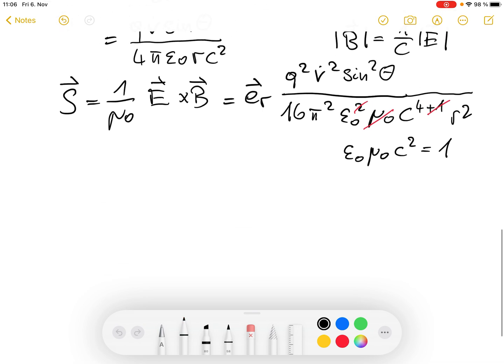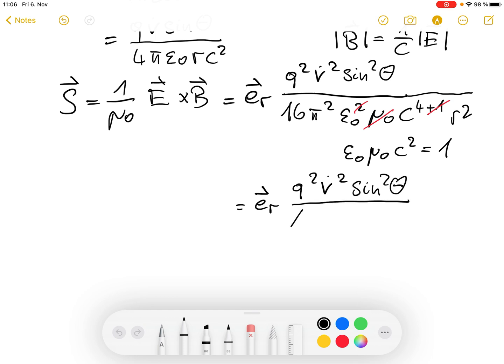And we obtain for the Poynting vector, in the direction of r, q squared v dot squared times sine squared theta divided by 16 pi squared epsilon 0 c cubed r squared.